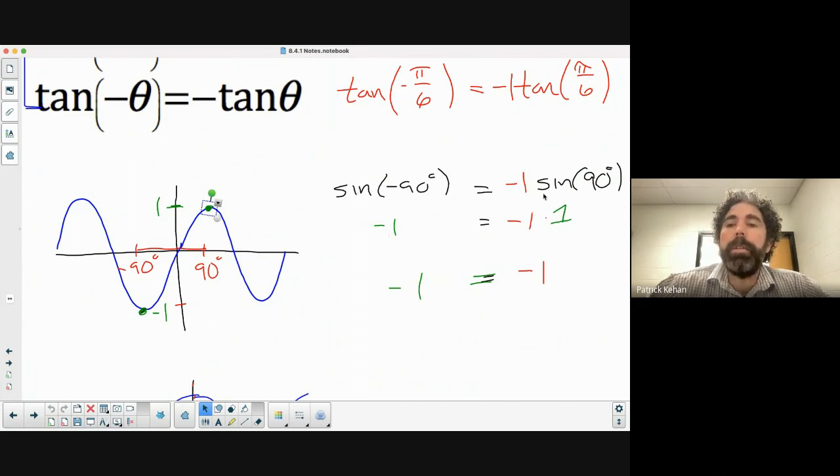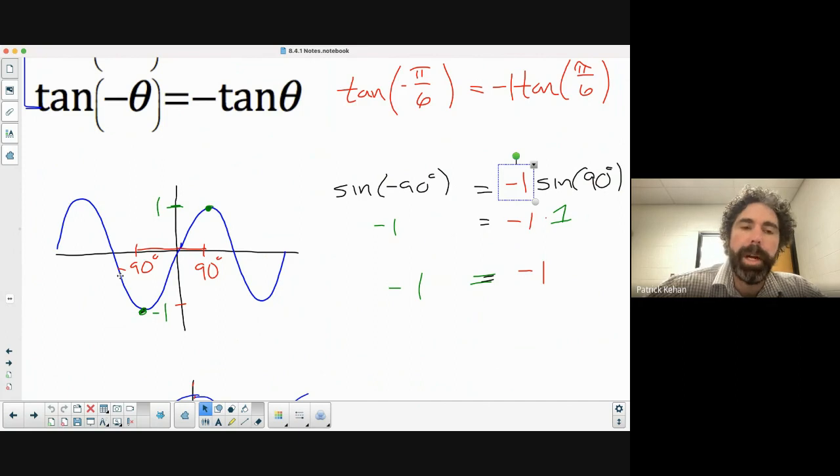Over here, sine of positive 90 equals 1, but the identity says it's going to be the opposite of that. So we multiply it by -1 there, and you can kind of see that here, right? This is what we call rotational symmetry. For every positive angle here, there's another negative angle over here that has an opposite output value, and that's how the odd identity works.